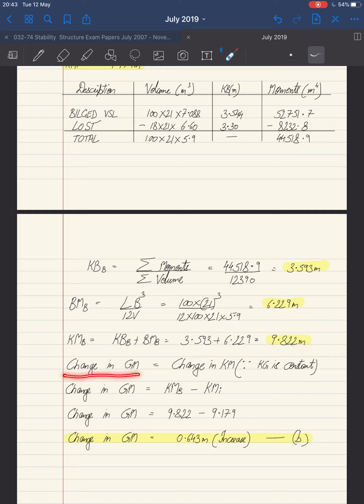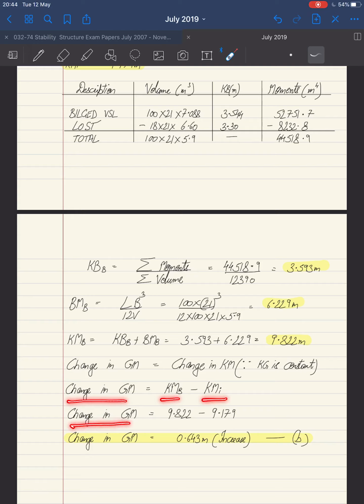Now change in GM is equal to change in KM, because for calculating the bilging quotient by the lost buoyancy constant displacement method, we had initially made an assumption of KG constant, displacement constant, and underwater volume constant. So if KG hasn't changed, whatever has changed is the GM, so we can calculate it as the change in GM. So change in GM is equal to KM bilged minus KM intact.